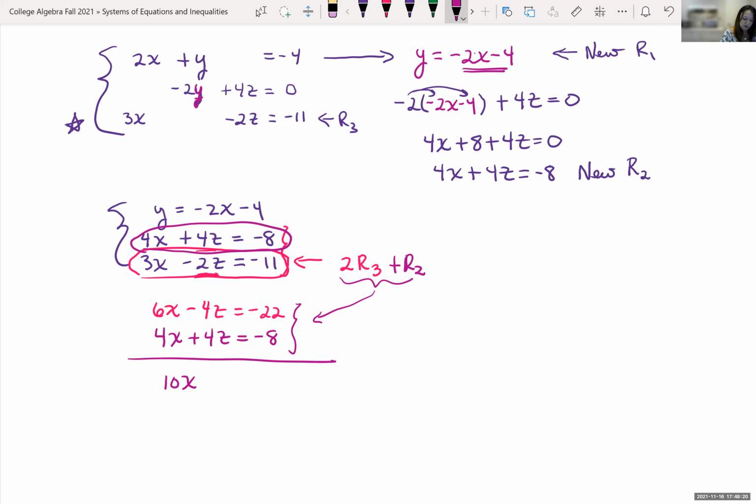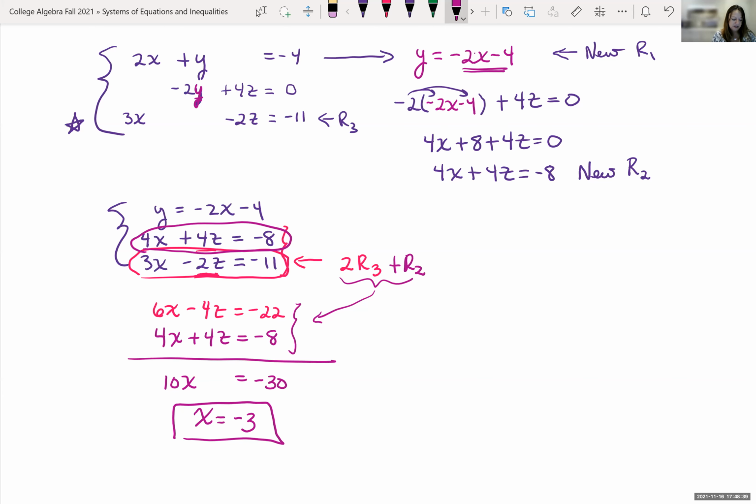The z's cancel, which we wanted, equals -30. So in here, I can see what x is equal to. Divide both sides by 10, we get back x = -3.